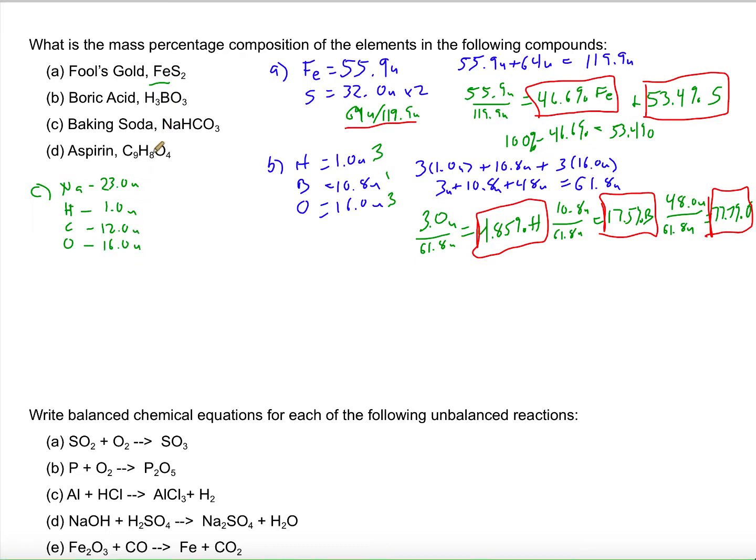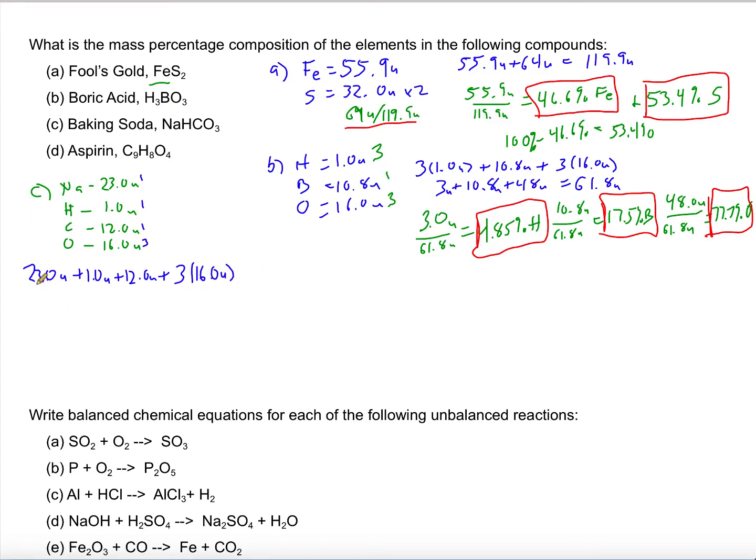So now we want the total. Well, we need how many of each? We have 1 sodium, we have 1 hydrogen, we have 1 carbon, and we have 3 oxygen. So we have to add those up accordingly. And that would give us 23 units for sodium, plus 1 unit for hydrogen, plus 12 units for carbon, plus 3 times 16 units for oxygen.